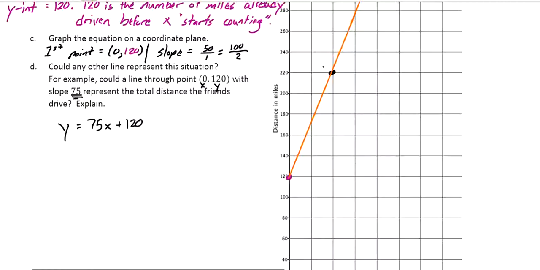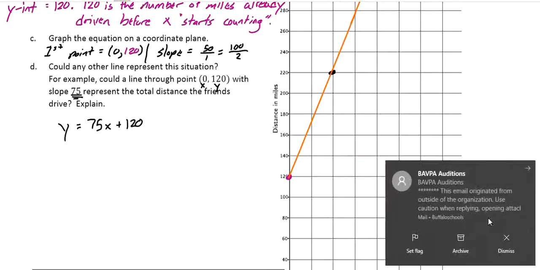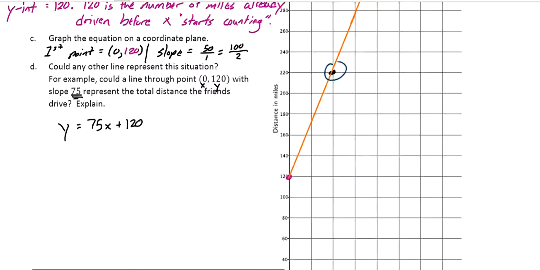I should be able to plug in this coordinate point right here, 2, 220, x value, y value, and that should work in this equation. Let's see if it does. Y value of 220, 75, x would be 2, plus 120.